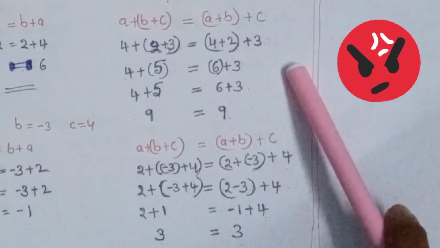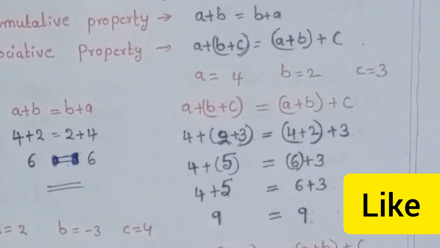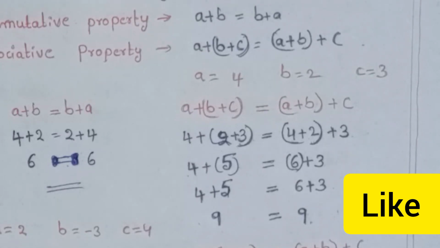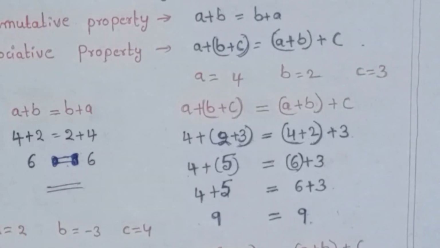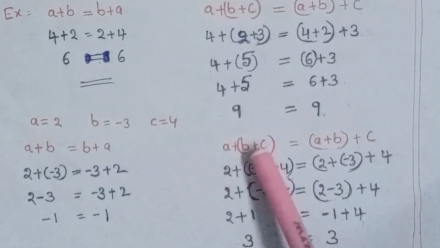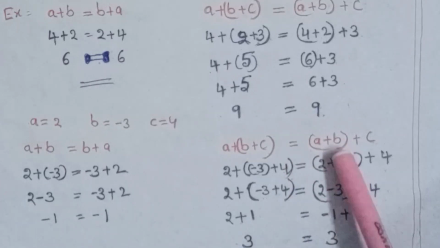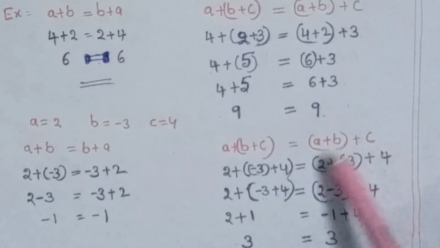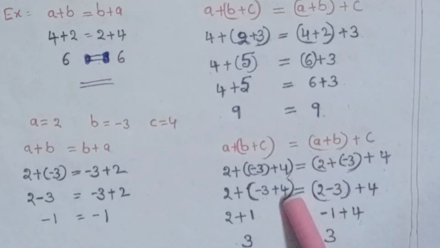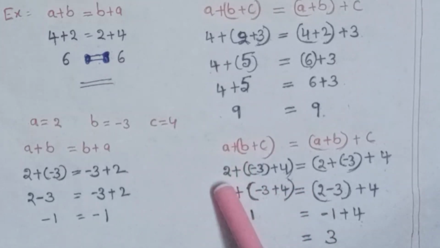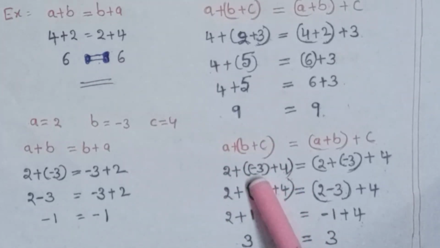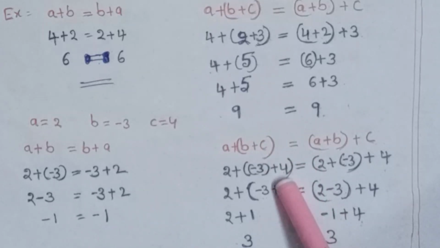Okay. Next one is (a plus b) plus c is equal to a minus (b plus c). In the case of subtraction associative property, a as 2 and b value we take minus 3 and c value we take plus 4.